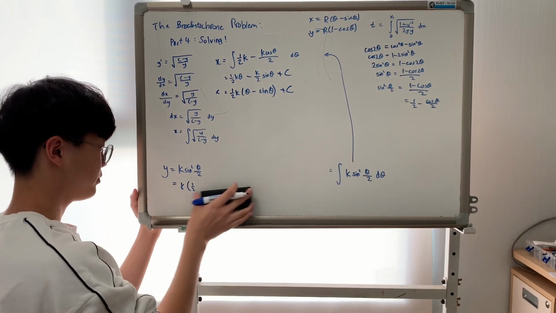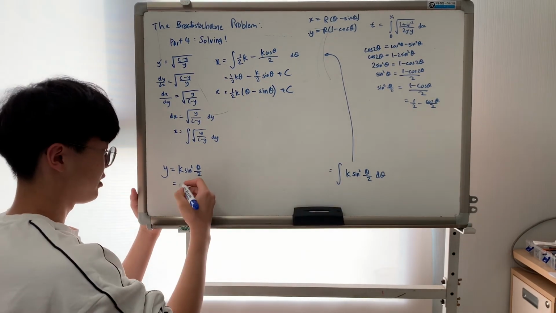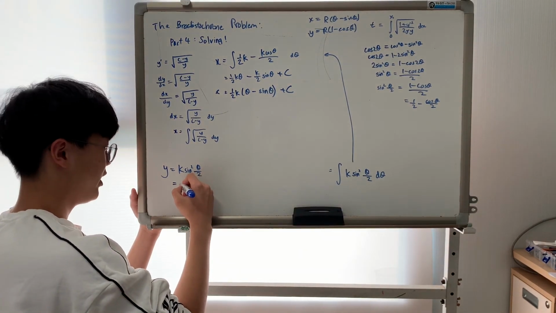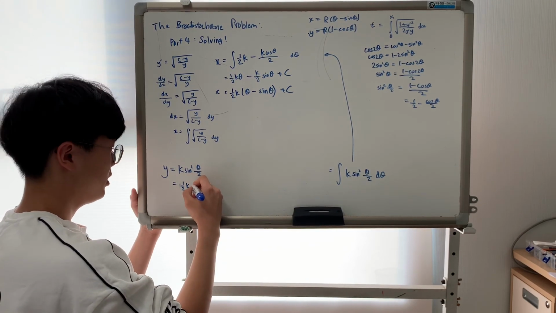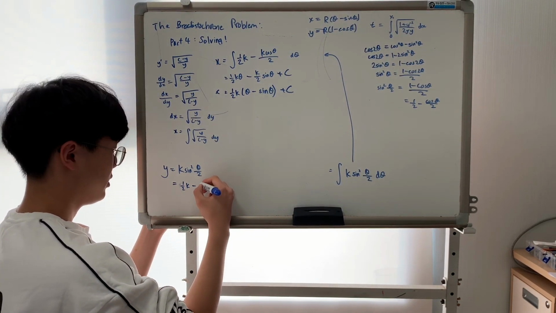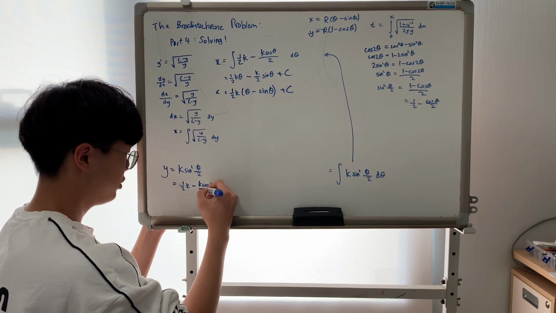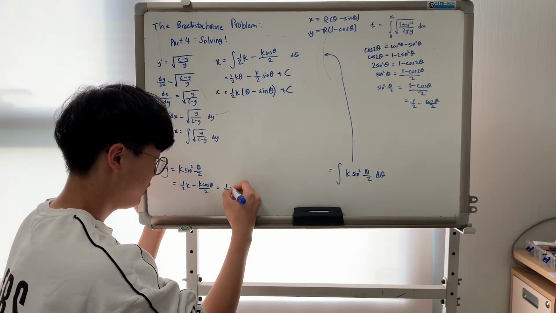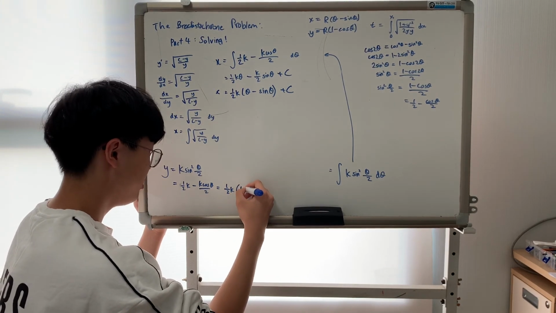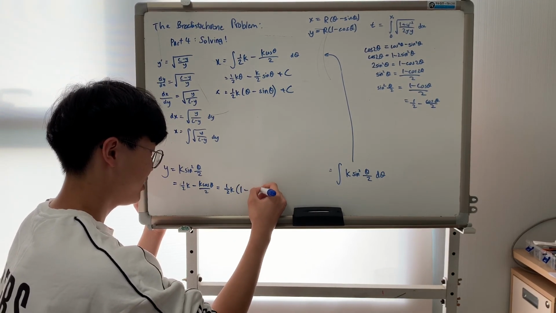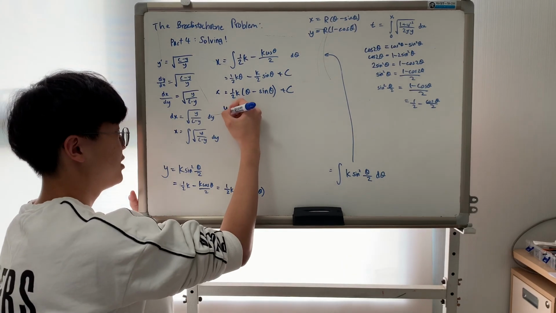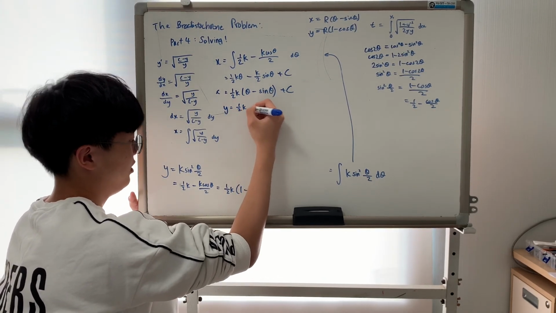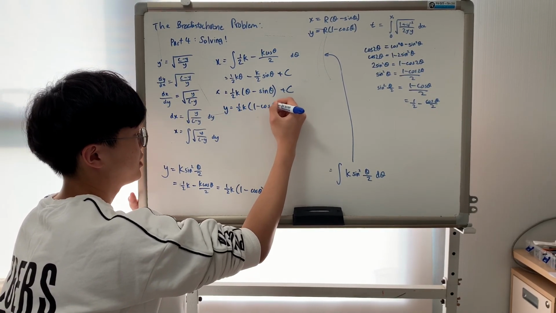So we could basically do the same thing. 1/2 k minus k cosine theta over 2. So when we wrap all of these by 1/2 k, we get 1 minus cosine. So y is equal to 1/2 k times 1 minus cosine theta.